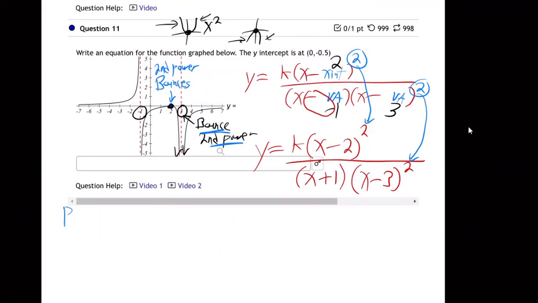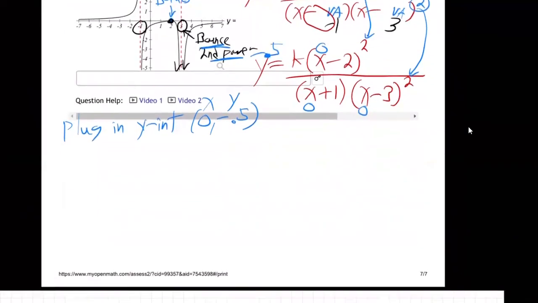And now we plug in the y-intercept, which is (0, -0.5). So that's the x and the y. Plug in 0 for x everywhere, and -0.5 for y. Let's see what we get.